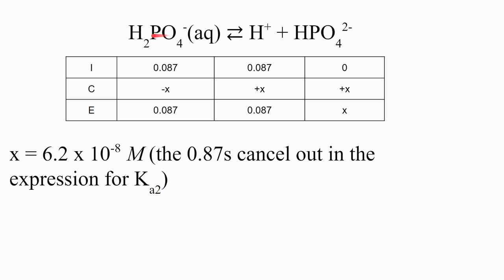When the acid concentration and the H plus concentration are equal to each other, the X for this guy is always going to equal the K value. Let me say it again. When the acid and the H plus concentrations are equal, X equals the Ka value. Okay, so it's going to be the same thing.